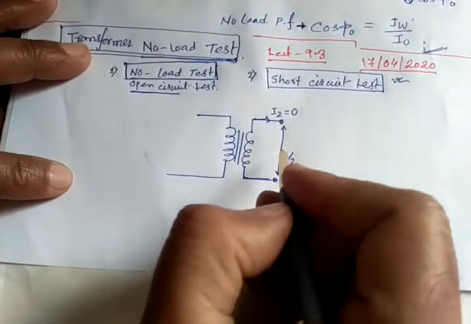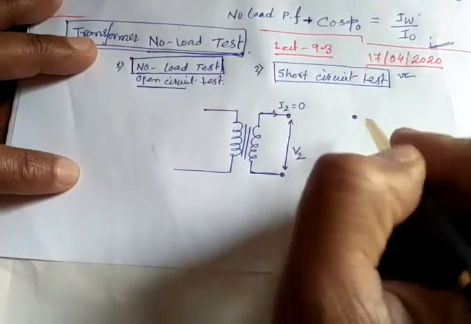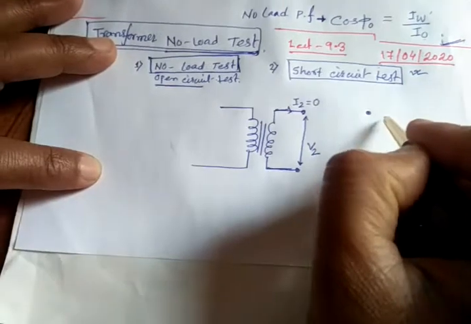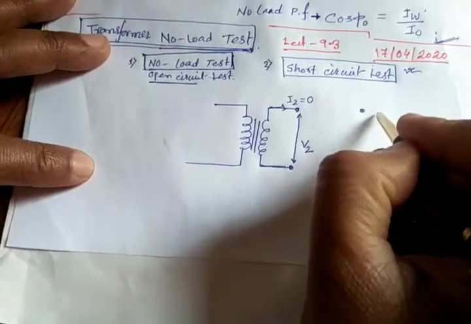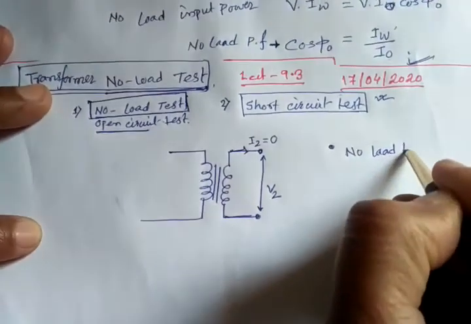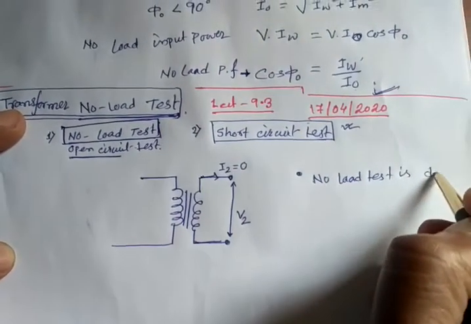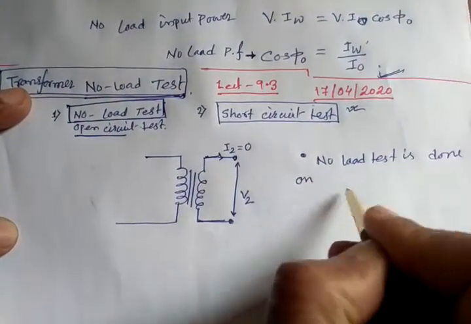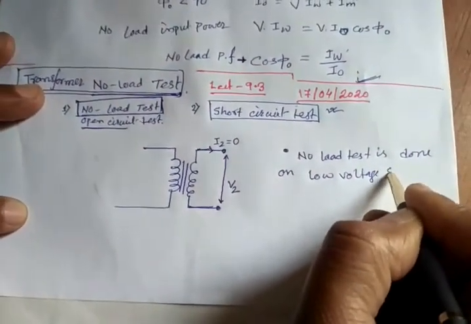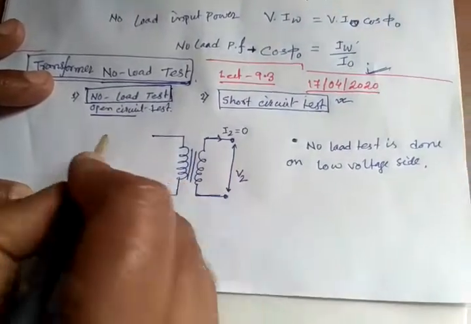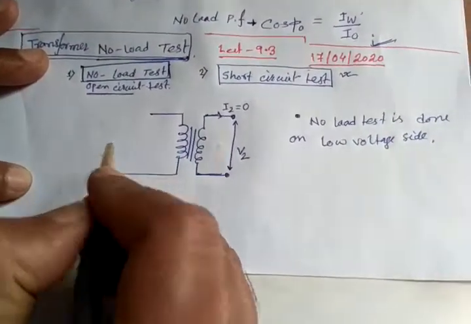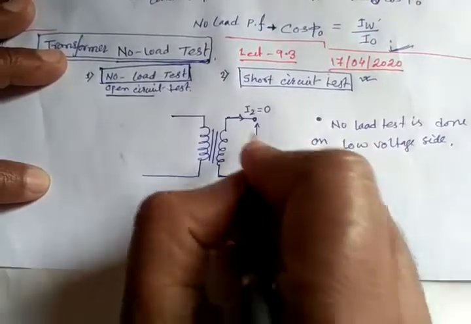One important thing to remember is that we do this no load test strictly on the low voltage side. We treat this low voltage side as primary, and we perform the test on this side.